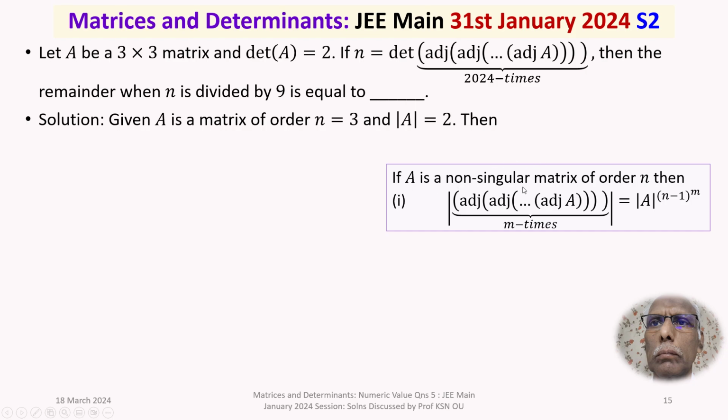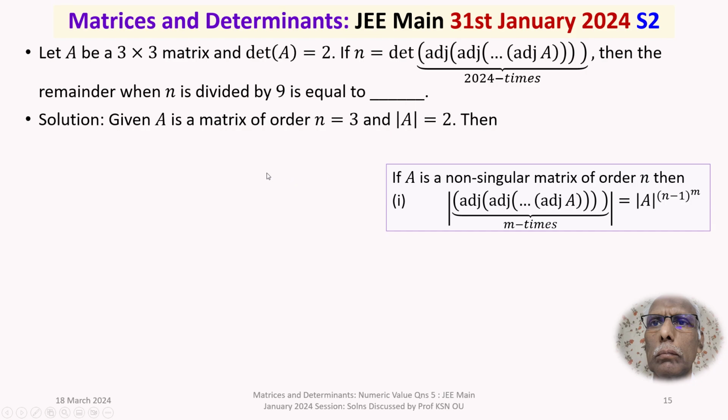If A is a non-singular matrix of order n, then the determinant of adjoint of adjoint of, et cetera, adjoint of A, m times, is equal to the determinant of A to the power of (n minus 1) to the power of m. Agreed?